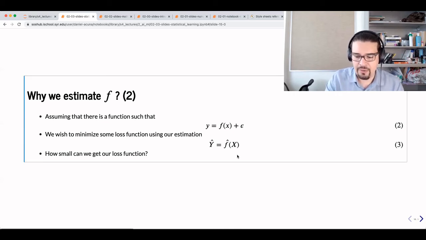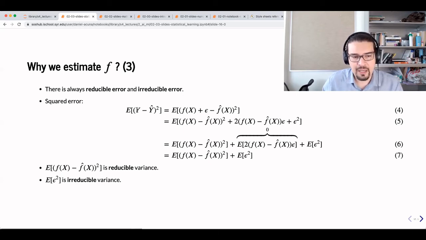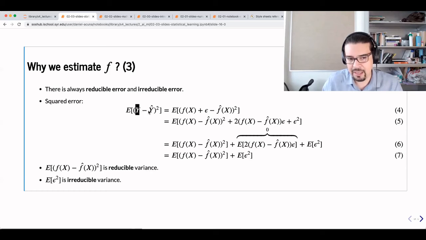Now, one simple way of thinking about errors is just taking the actual value, the value that we have from our data, and subtracting our estimation, our prediction, and squaring that. This is a very straightforward way of trying to measure error, the squared errors. If we do some math that I won't go into, if you understand a little bit more advanced expectation operations, you will realize that at the end you will get the following expression that is very important to understand.